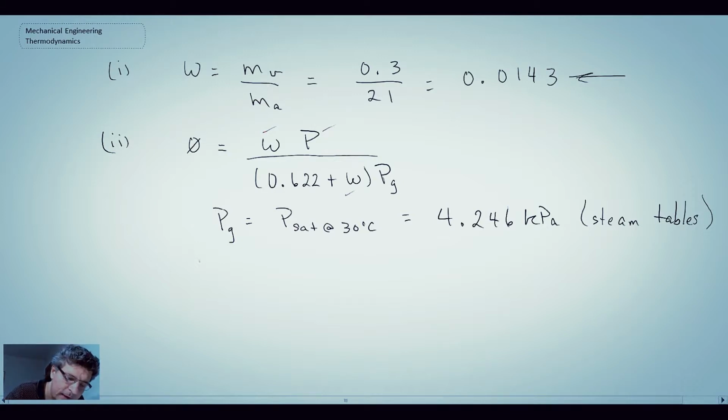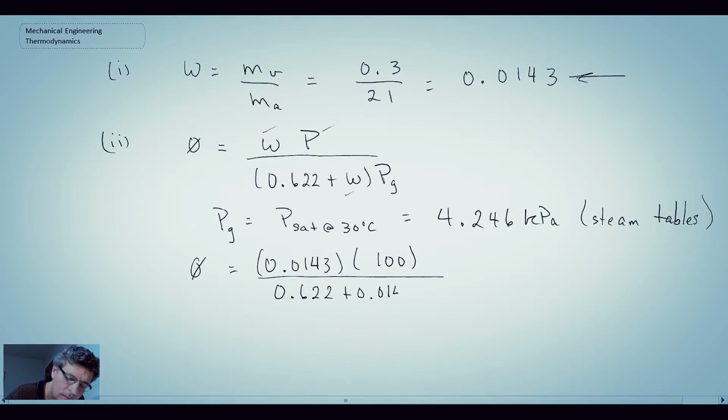From that we can then get the relative humidity. And notice I kept both pressures in kPa.